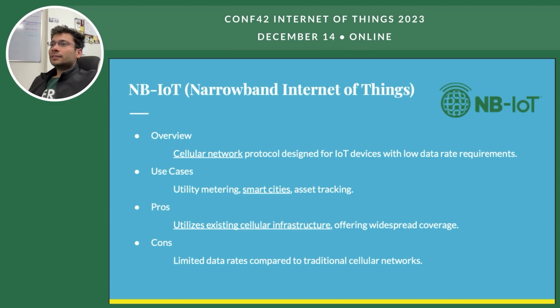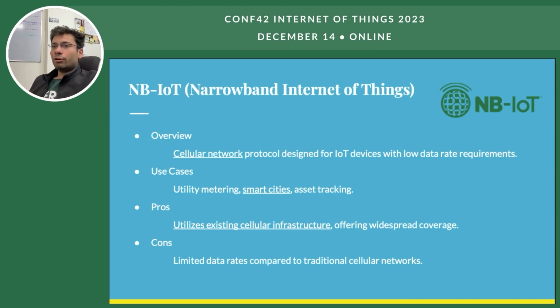LoRaWAN operates on the ISM frequency band, which is industrial, scientific, or medicinal. But for NB-IoT, you need to purchase the spectrum to run this protocol, and this protocol is usually offered by the ISPs or SIM providers in your area. So if there is Vodafone, Vodafone will be providing 4G or 5G services, as well as NB-IoT.